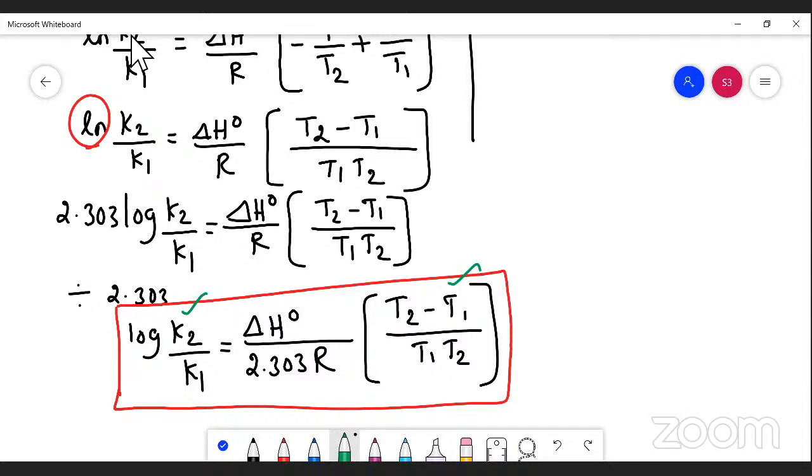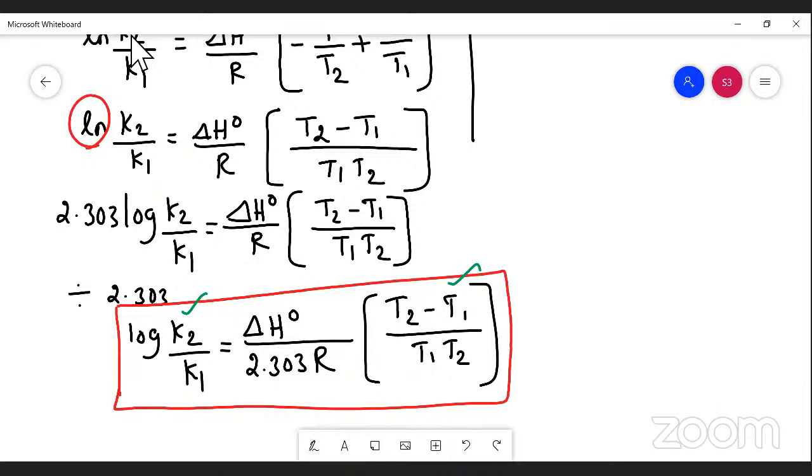So this Van 't Hoff equation is a relationship between the equilibrium constant and the temperature, so we name it the temperature dependence of the equilibrium constant. We just derived the relationship between the equilibrium constant and the temperature dependence.